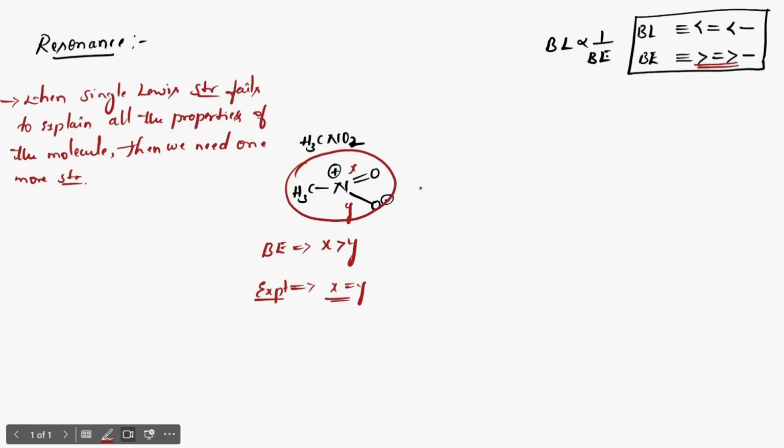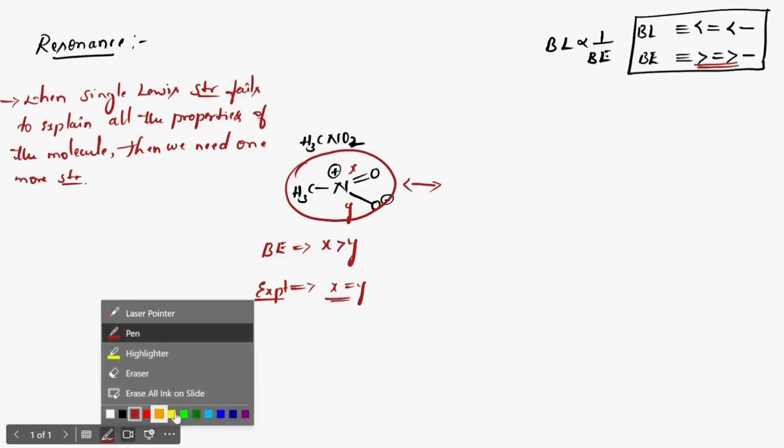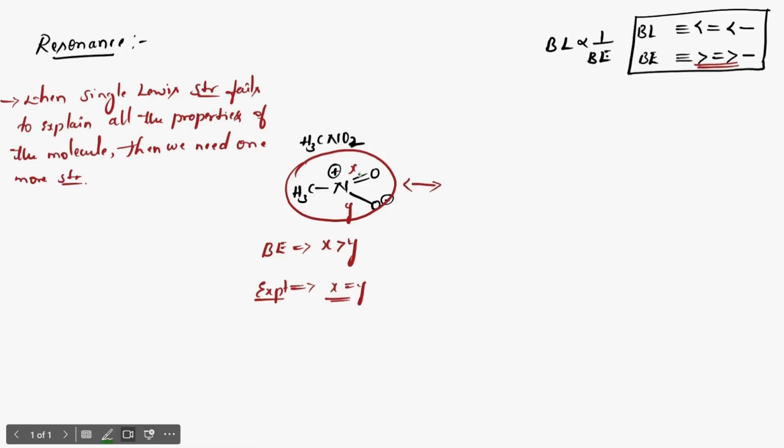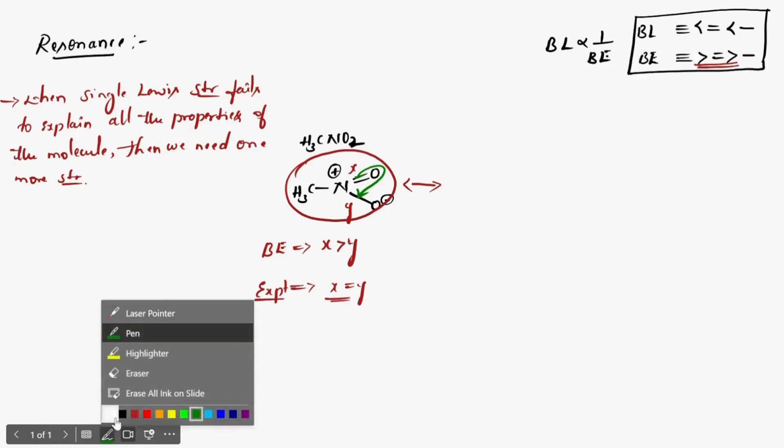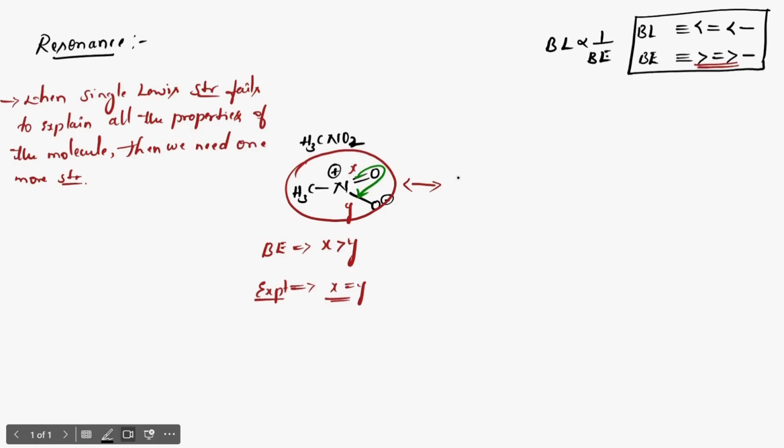Another structure can be written by using a double-headed arrow. What happens in this case? Here, these pi electrons shift here. Then the structure is CH3 bonded to nitrogen, N single bond O, and here N double bond O, because the pi electrons are shifted to this oxygen.